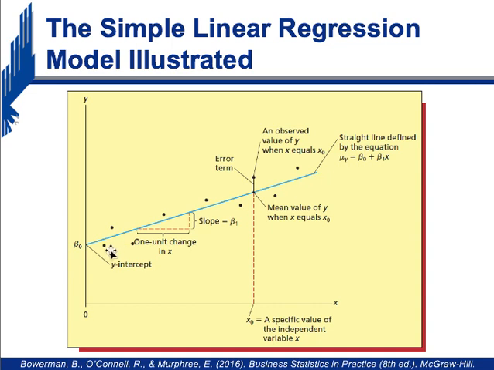And the dots here represent the actual data we've gathered from our sample. And the slope again is the change in y per unit change in x. And then this is the y-intercept. So this is the value of y if x is equal to 0.